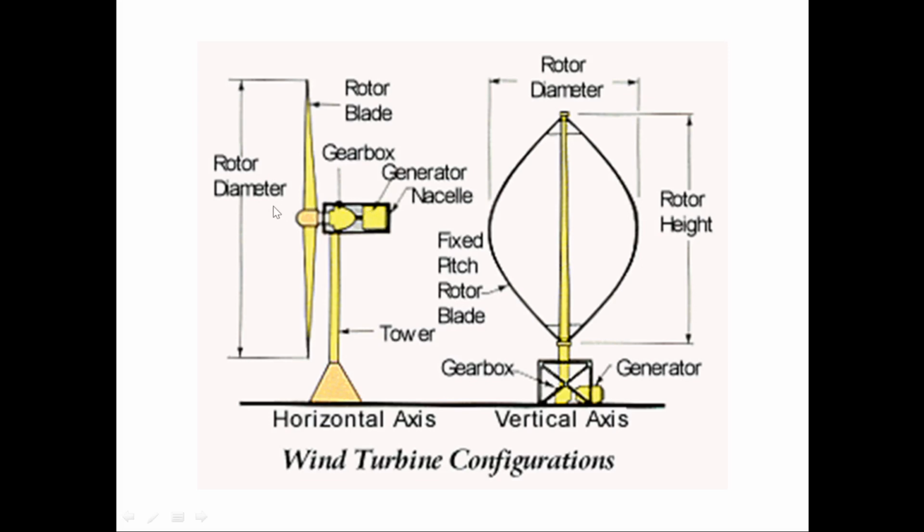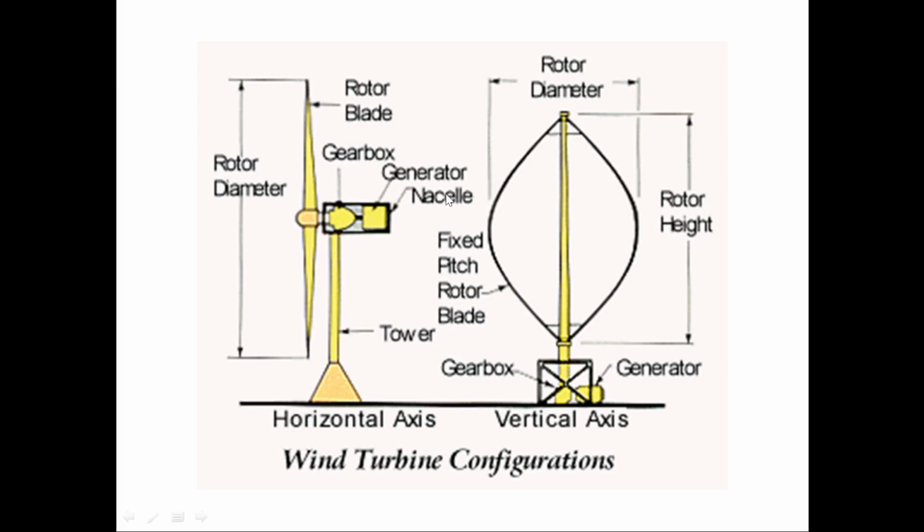So first, the kinetic energy of the wind will be converted to mechanical energy using these blades, and the gearbox is required to synchronize the speed of rotation of the shaft with the electrical generator. Now the entire structure in which the gearbox and electric generator are mounted is called a nacelle.